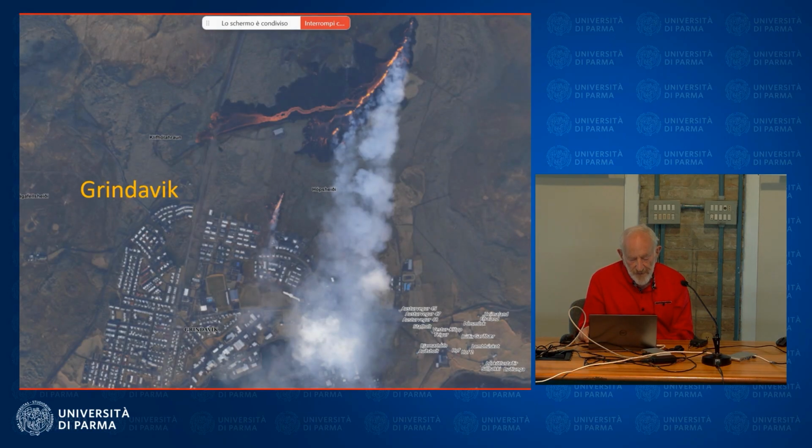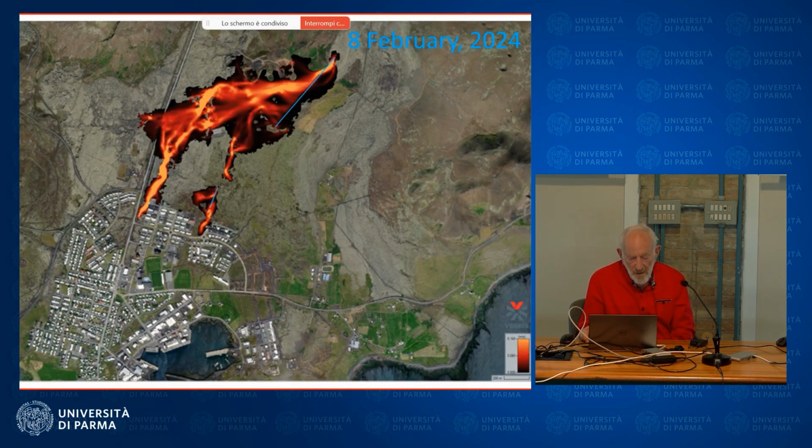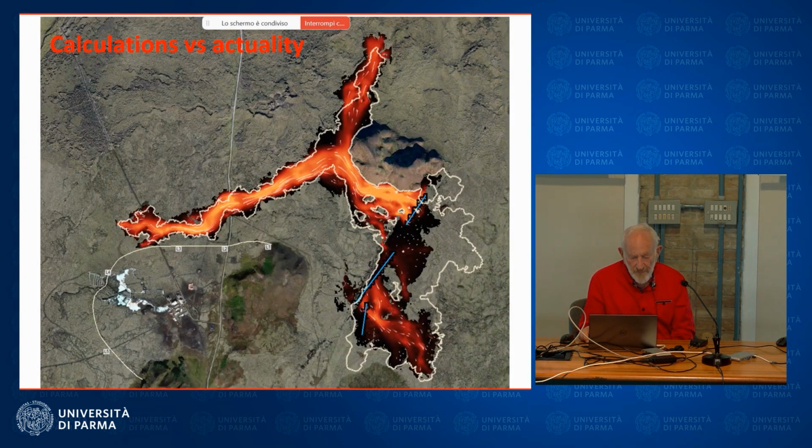This is Grindavik, which I read recently is the most dangerous place in the world due to lava flows. And this is an eruption in 24, and it came down and really was almost ready to flow over the whole town, and people were understandably very worried about it.